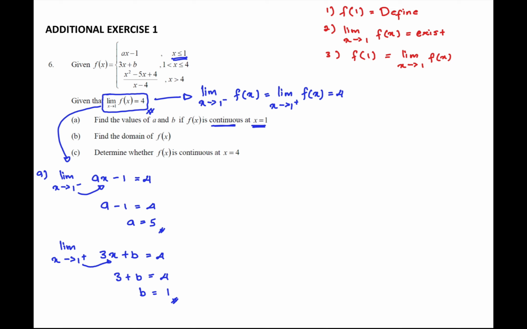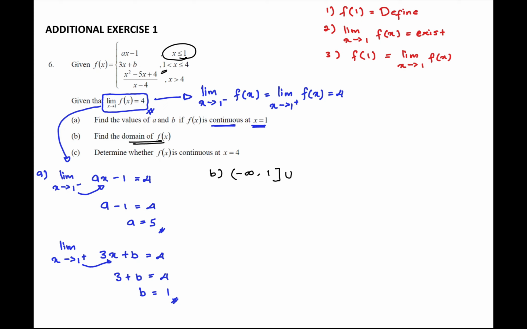Now look at question B. Find the domain of f(x). In order to find the domain, we know that the domain is the set of values of x. From the first interval here, x less than or equal to 1, it starts from negative infinity until 1, including, and then union.